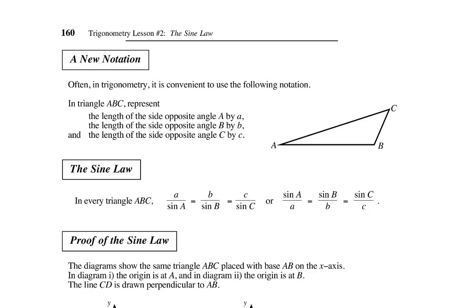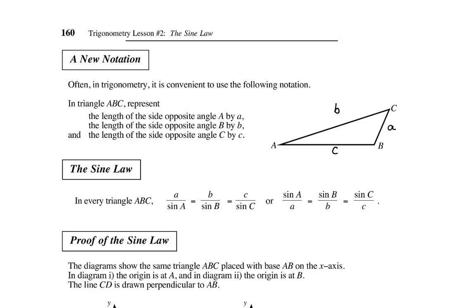All right. So we're not going to do the proof of the sine law. We're just going to use it. So this notation, you are comfortable with it. You've seen it before. So this is lowercase a over here. This is lowercase b here, and this is lowercase c there.